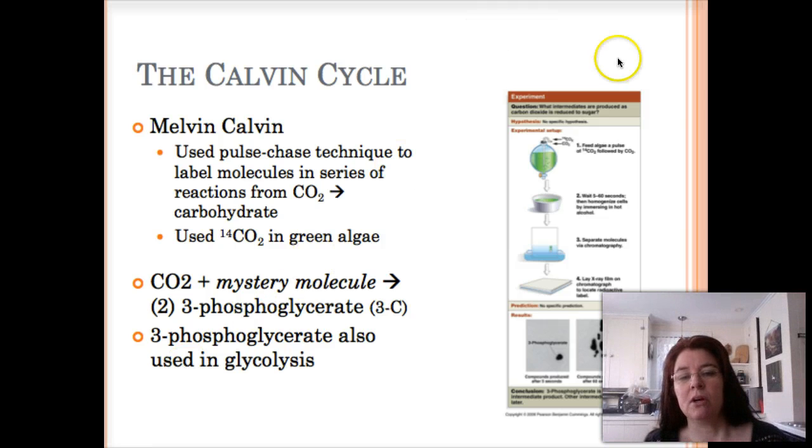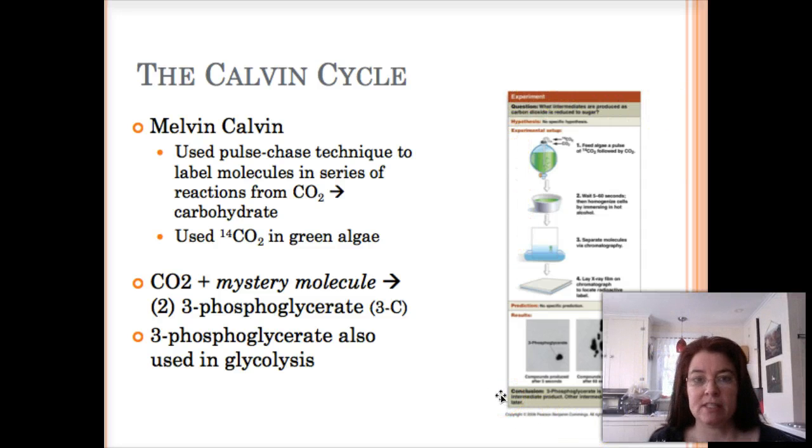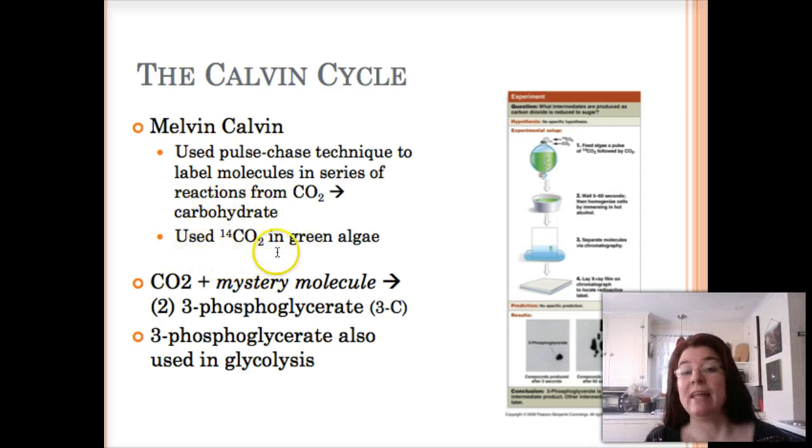So your book does a nice job of explaining pulse chase, but generally what happens in the pulse chase technique is that some starting molecule, in this case carbon dioxide, is given a radioactive label. So instead of using ordinary carbon dioxide with ordinary carbon, Calvin used a radio-labeled isotope, or a radioactive isotope, carbon-14.